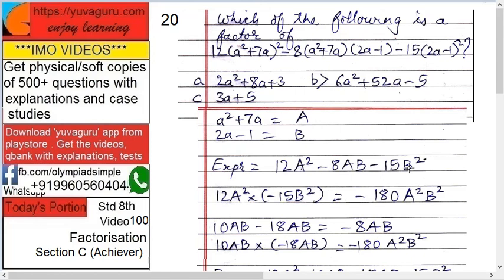Now you have to find some numbers so that multiplication gives minus 180 A square B square and addition gives minus 8AB. So what is that number? 10AB and 18AB, right? 18 into 10 is 180, and 10 minus 18 is minus 8. So both the conditions are satisfied.